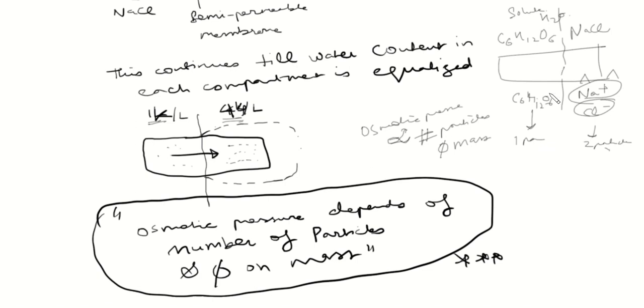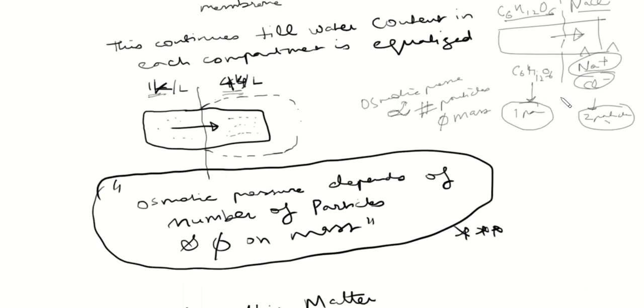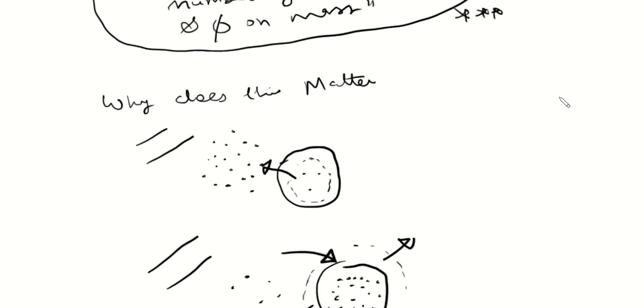So if I put a semi-permeable membrane, the water is going to go from where the particles are less to where the particles are more. So it doesn't depend on the weight of glucose or the weight of sodium chloride. It depends on the particles that are dissolved in compartments. Okay, it's a very, very important concept.